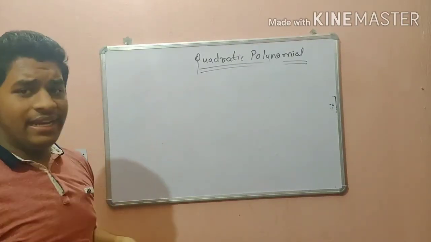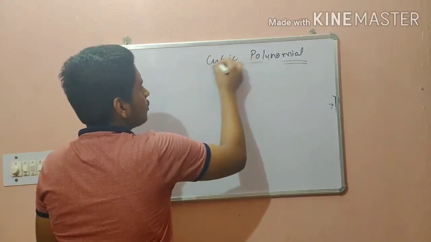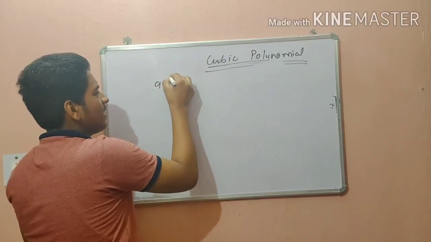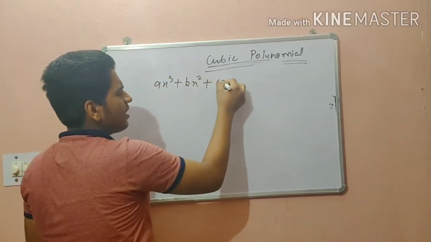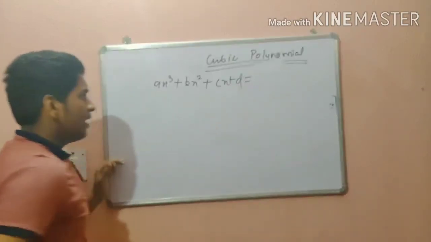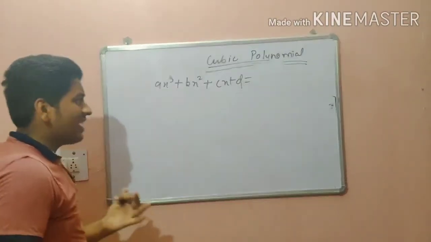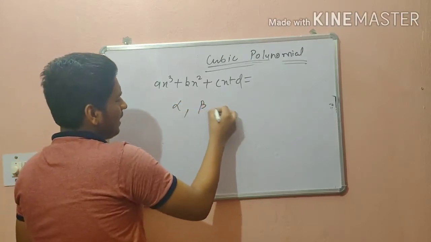Now quickly let us talk about cubic polynomials and their relationships. A cubic polynomial is a polynomial with the highest degree as 3, ax cube plus bx square plus cx plus d. This is the general representation of a cubic polynomial. Since the highest degree is 3, there will be 3 zeros, let's say alpha, beta and gamma.